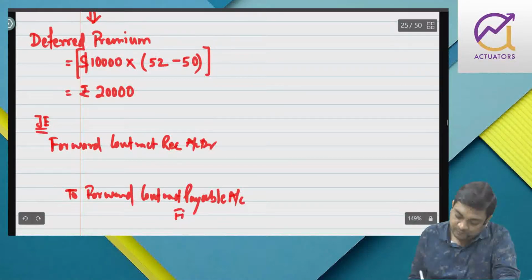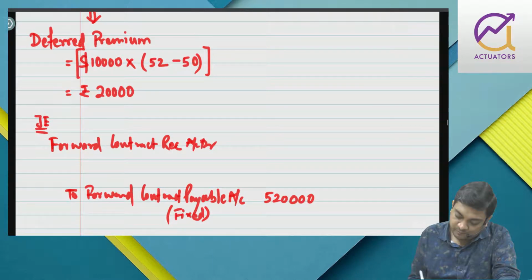Now this is fixed. Forward contract payable is fixed. I have to pay 5,20,000 to buy $10,000 after 3 months. Now what is receivable?